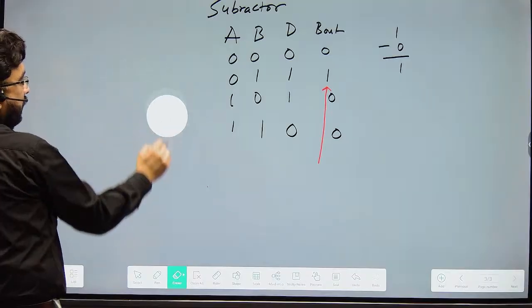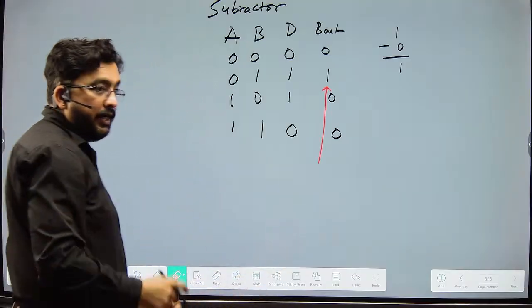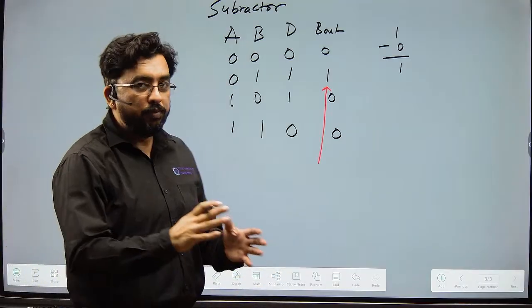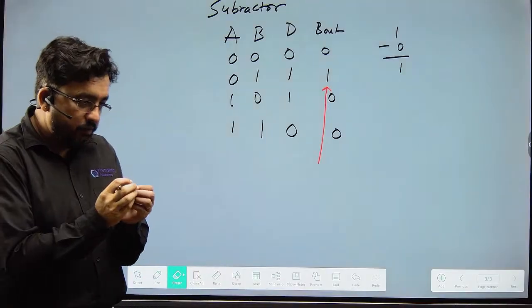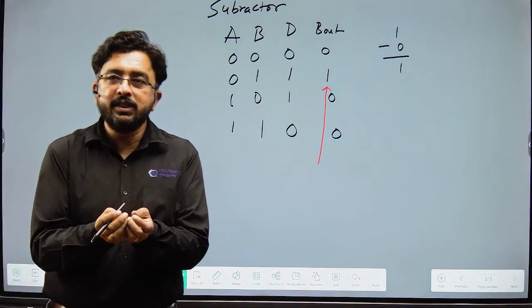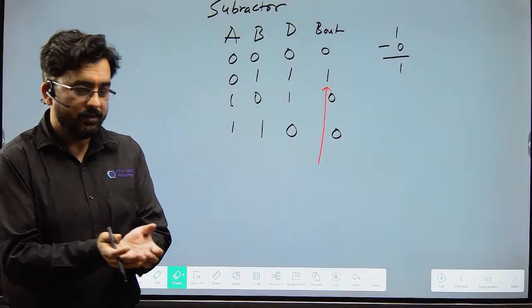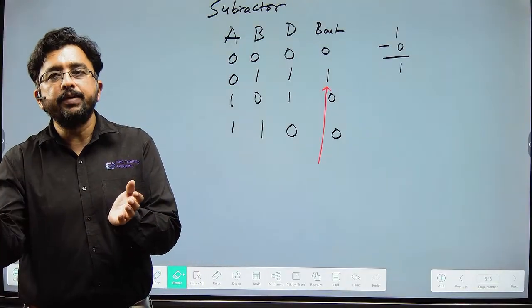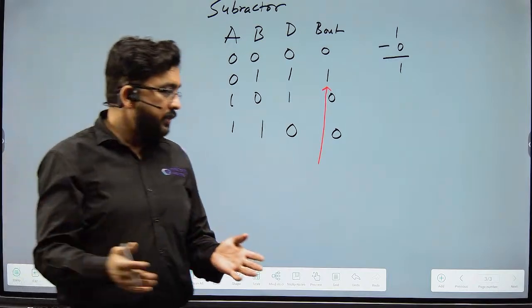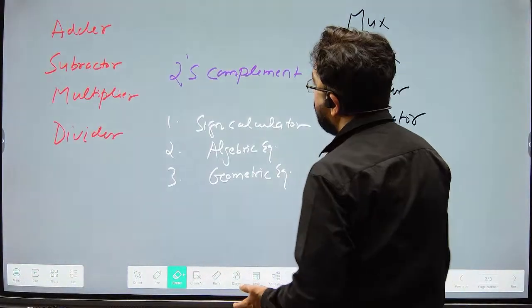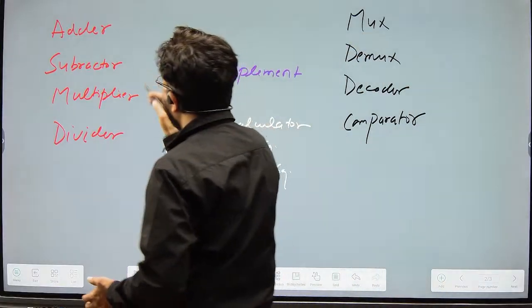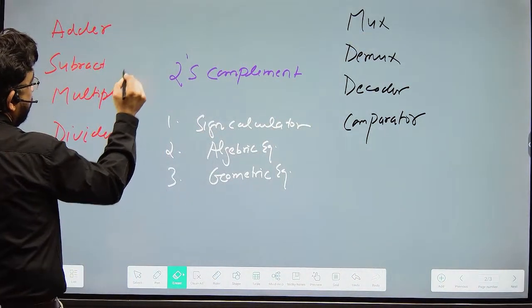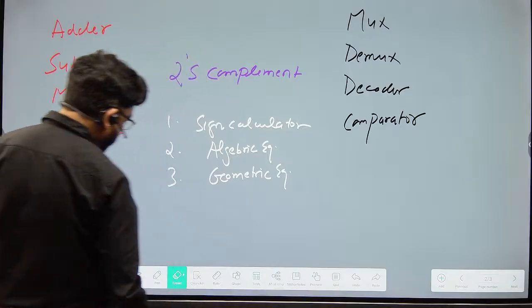So we are basically preparing the 8-bit subtractor. I am going to prepare the 8-bit subtractor with the help of a single component known as a half subtractor: half subtractor, full subtractor, 4-bit subtractor, 8-bit subtractor.